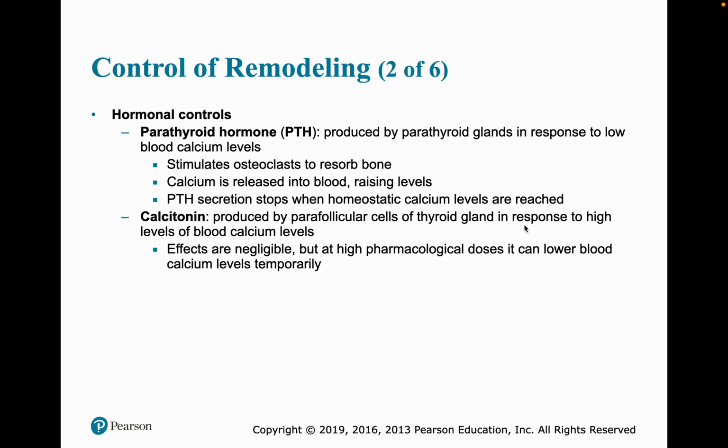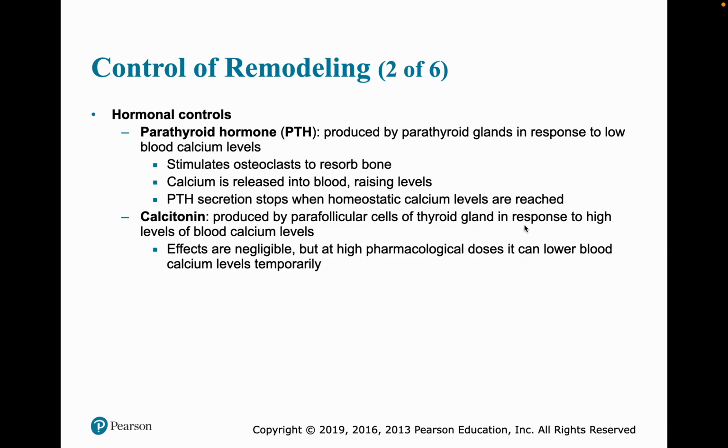There is another hormone produced by the parafollicular cells of the thyroid gland called calcitonin. Its role is really not that well understood. Parathyroid hormone is definitely regulated by low calcium in the blood. High calcium and calcitonin, the link is much more tenuous.